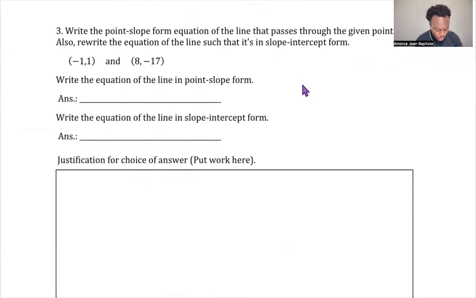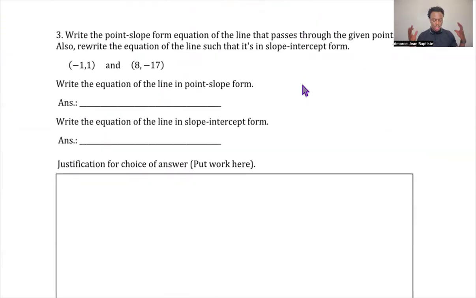In this example, they give me 2 points, negative 1, 1, and 8, negative 17. And they want me to write the point slope form of the equation of the line that passes through the points. And then they say, write the equation in slope-intercept form as well. So let's go ahead and do that.